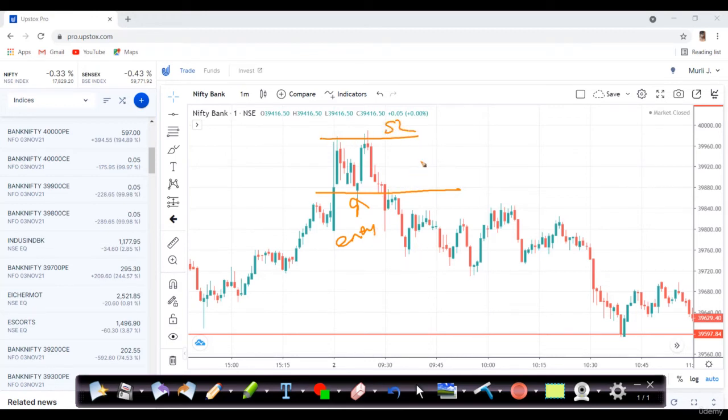If I am proficient enough, then I will make the entry at this position. Or, as a beginner, what you need to do is, once the market breaks this one, always wait for one pullback. This is the pullback, and you can enter at this position and put the stop loss above this one, here or here.